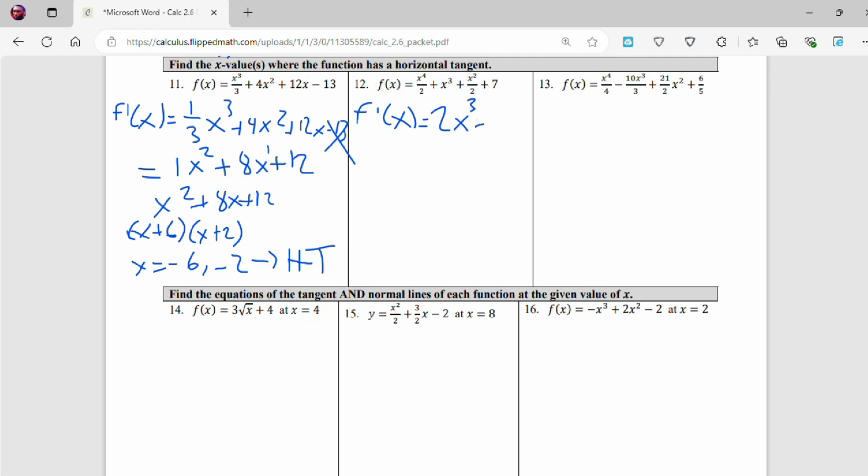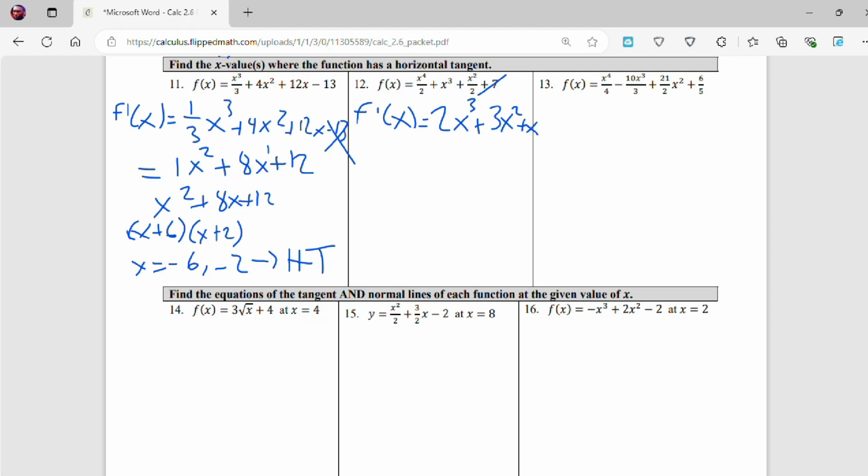Next, keep the plus. 3x squared over 2 is 3/2 times x squared; the 2 comes down, so 3/2 times 2 is 3. 2 minus 1 is 1, so x, and then the constant is 0.